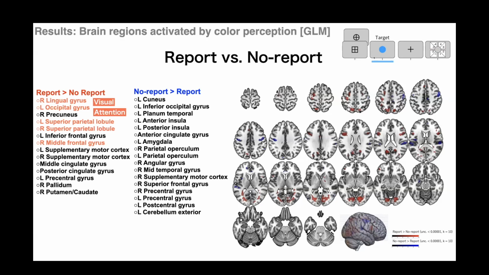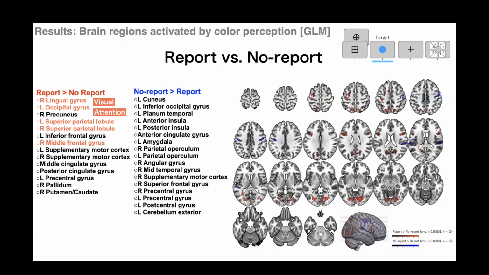The time point we are analyzing is the same part, just observing color. But when we observe the color to report, or when we observe the color not to report, the brain activation seems to be quite different.